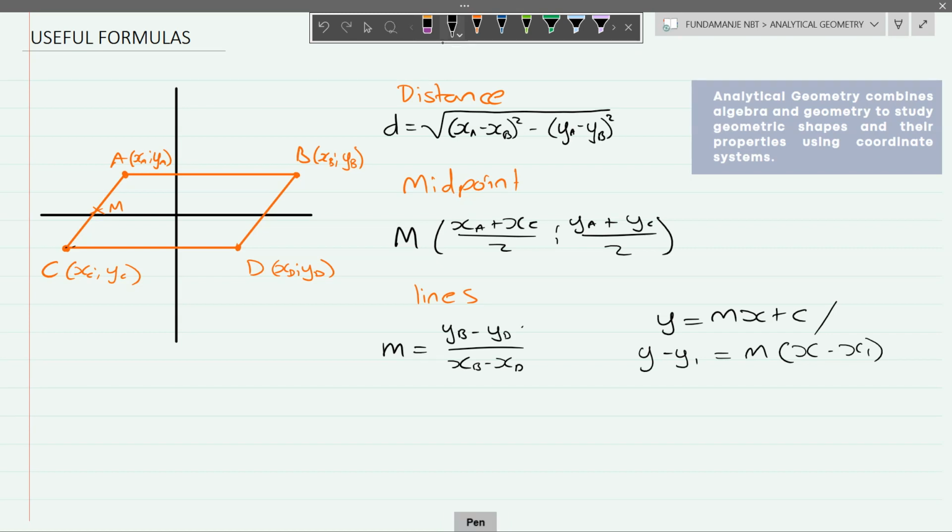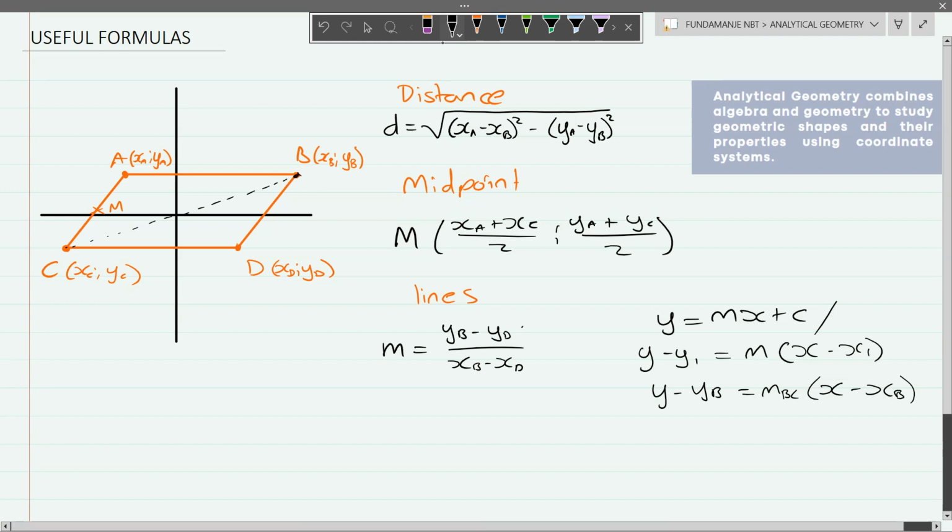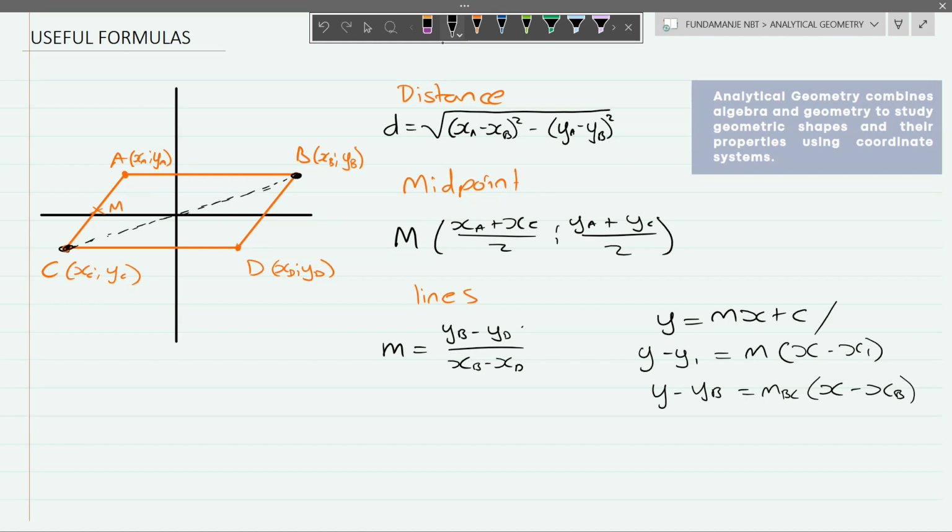BC here would be this dotted line joining the two points. Therefore, that would be y minus the y at B is equal to the gradient that you would calculate of BC, times x minus, since we used YB, we're supposed to use XB as well. You can either use the point at B or the point at C. Whichever one you use, it doesn't matter, as you will come up with the same answer.